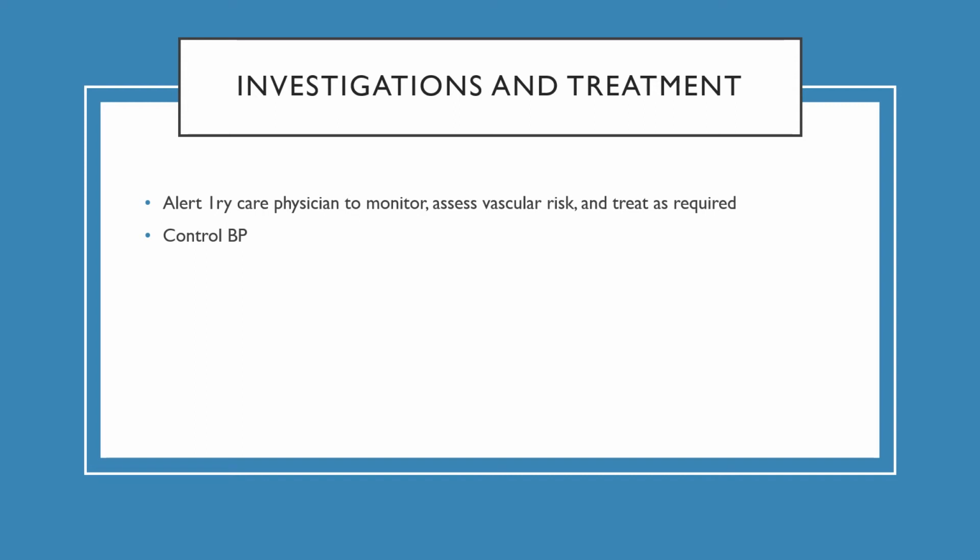Investigations and treatment. To simplify this, the commonest things that we can do as general practitioners or foundation year doctors is initially to control the blood pressure and to monitor and assess vascular risks that we've discussed previously.